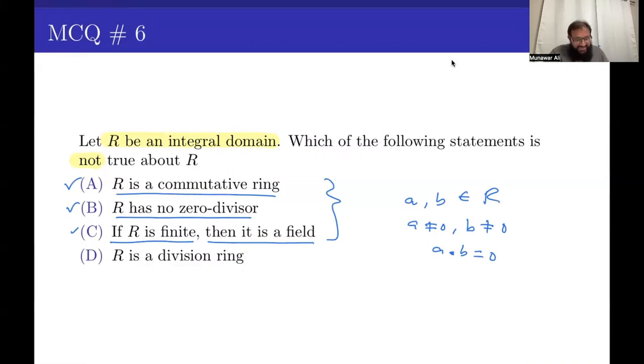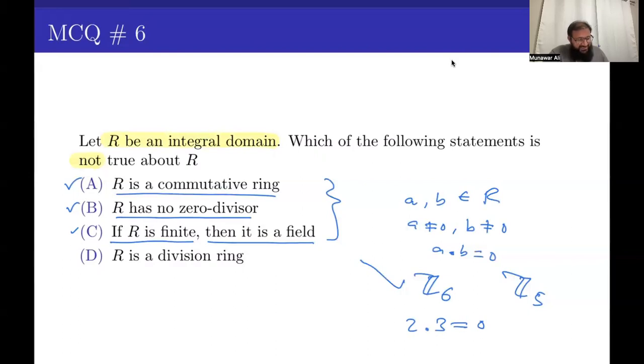But when you go to some other rings, let's say finite rings, Z6, you will see this thing happens. If you take Z5, there is no zero divisor in this one. In Z6, if you take 2 and 3, these are not zero themselves, but their product under modulo 6 is going to be 0 under modulo 6, not in general.